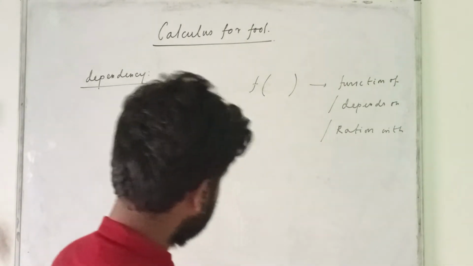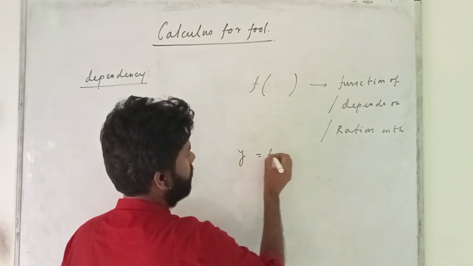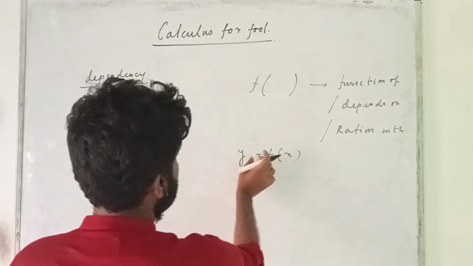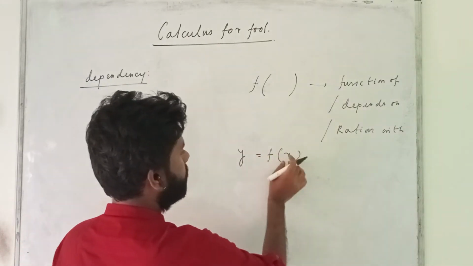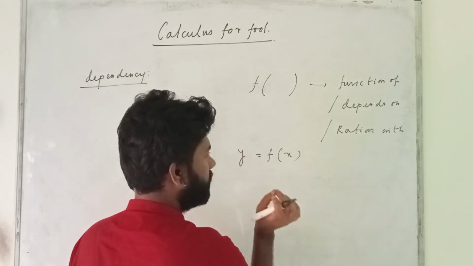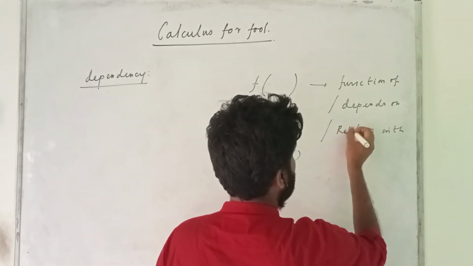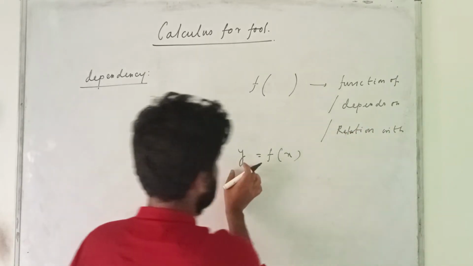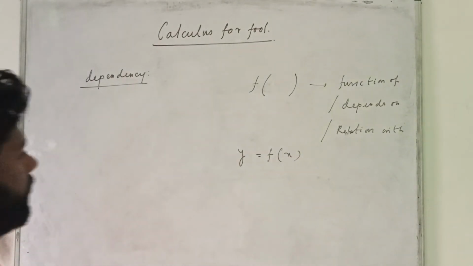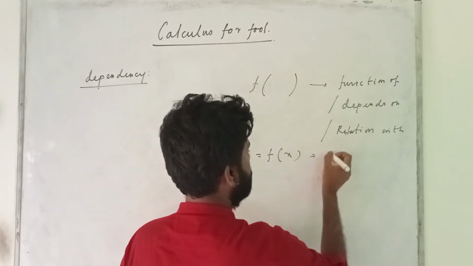Okay. So if I write here, what do you call this thing? Y is a function of x, or y is a relation with x, or y depends on x. Actually, a function of x means anything in x.